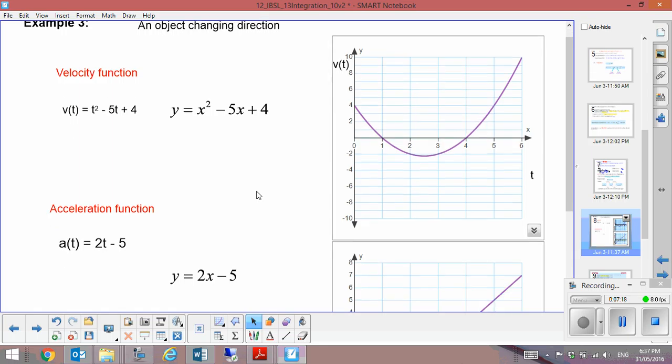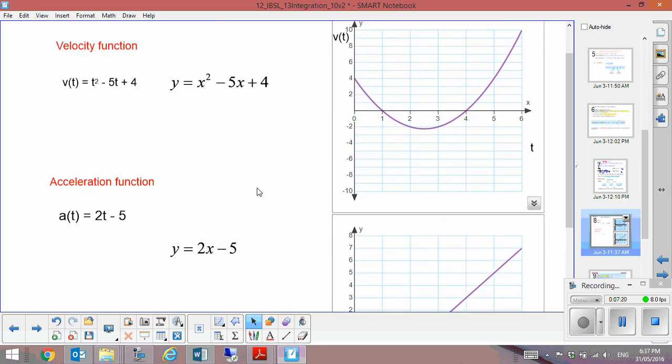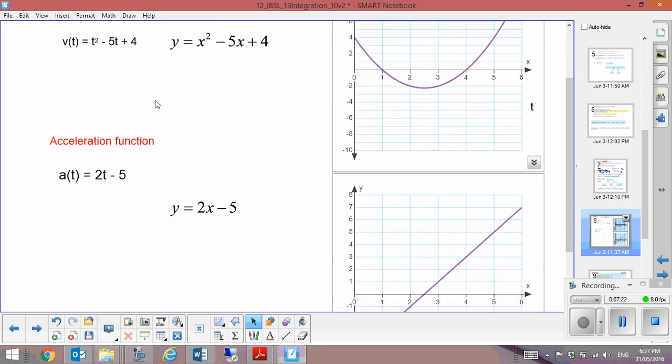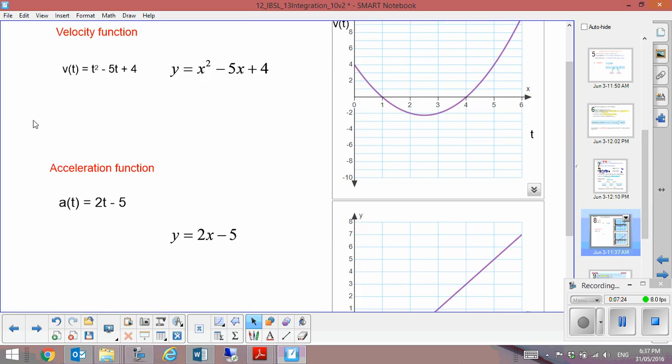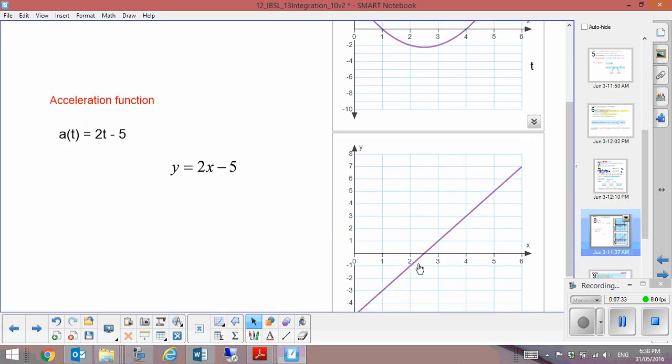What's happening about acceleration? Remember, we differentiate to get from velocity to acceleration. So when we differentiate here, we're thinking, what's the slope of the curve? This is all a negative slope, so we have a negative acceleration.